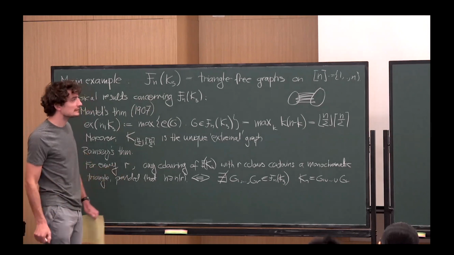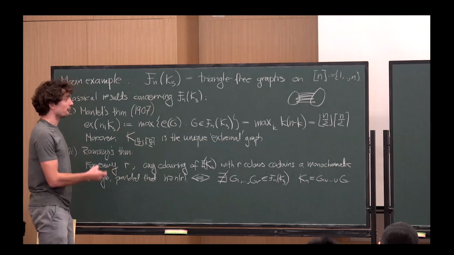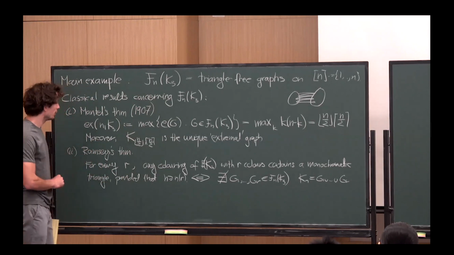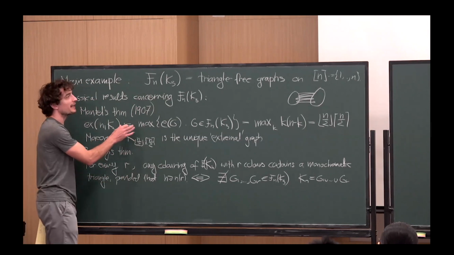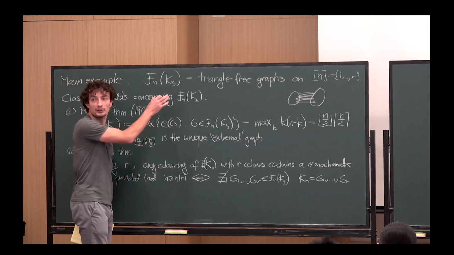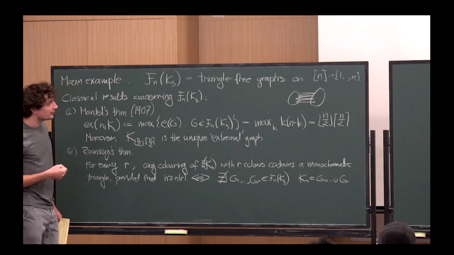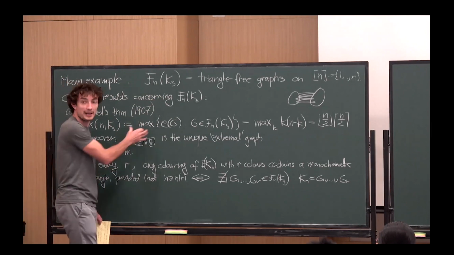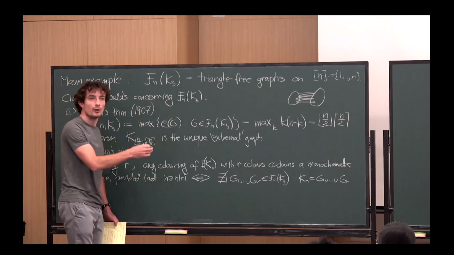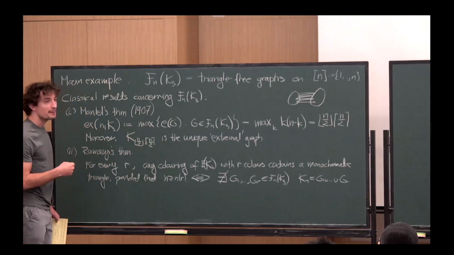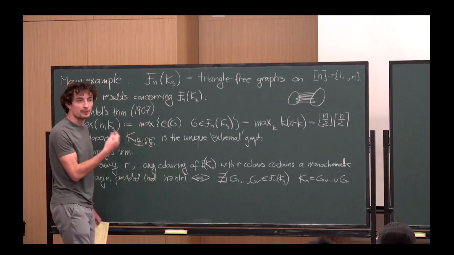Now, the topic of this course, and one of the goals here, would be to say we have some statements that involve triangle-free subgraphs of the complete graph on n vertices. And we would be interested in proving analogues of these statements where we replace Kn with a different graph, namely a typical graph, a random graph with a given density.